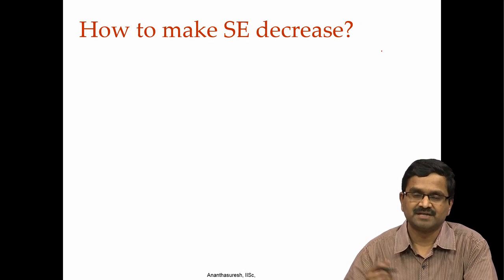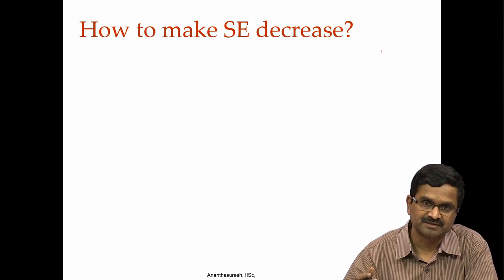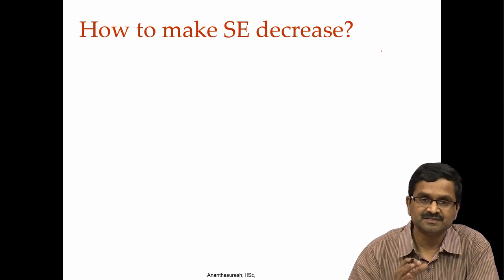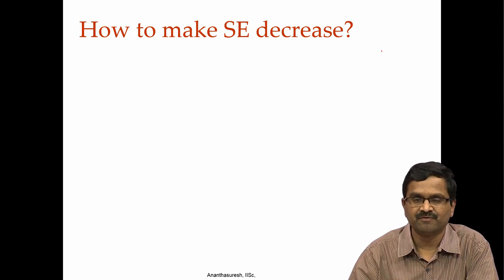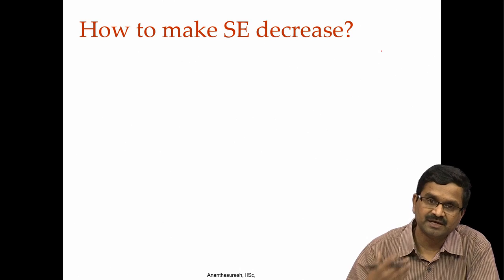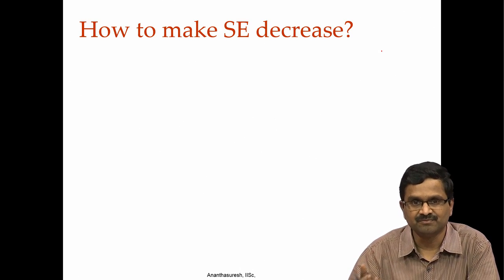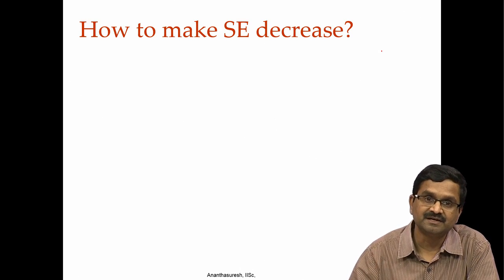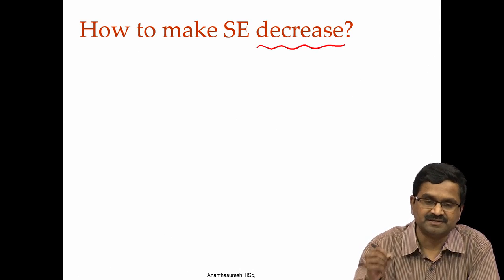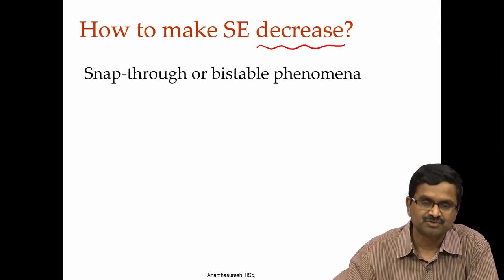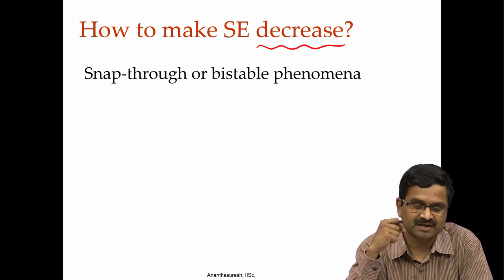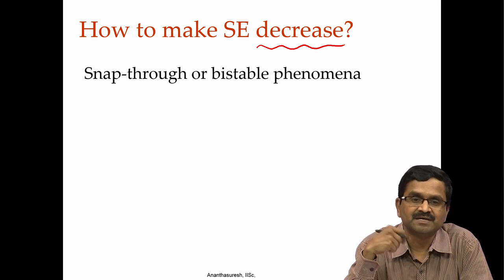How do you make strain energy decrease as you deform the mechanism? Again I emphasize that this is non-intuitive. Whenever you deform something, you correctly would think that strain energy will increase, but how do you make it decrease? So, one way is to have a compliant mechanism that has snap through or bistability.